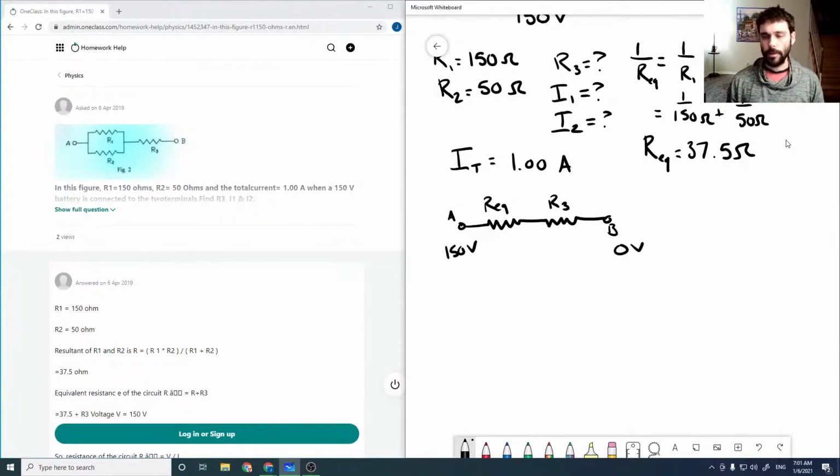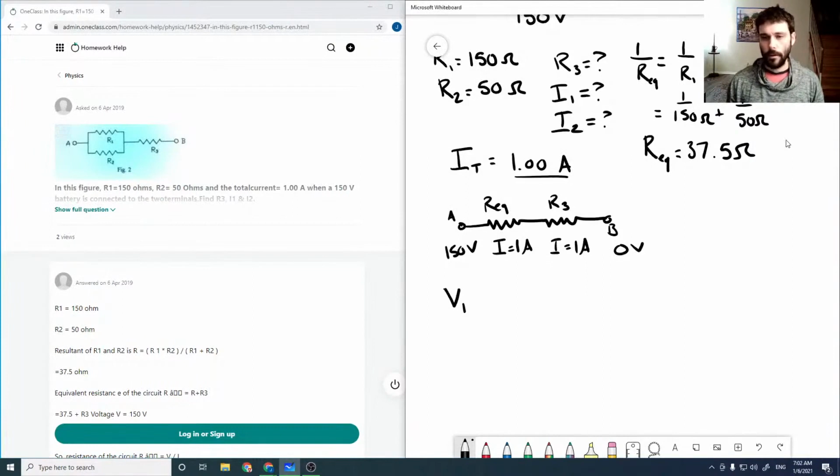And so across our equivalent resistance, we have to drop our full 150 volts. We know that we have 1 amp going through the full circuit, and our current along a serial line has to be all the same, so our current here is 1 amp, and our current here is also 1 amp.